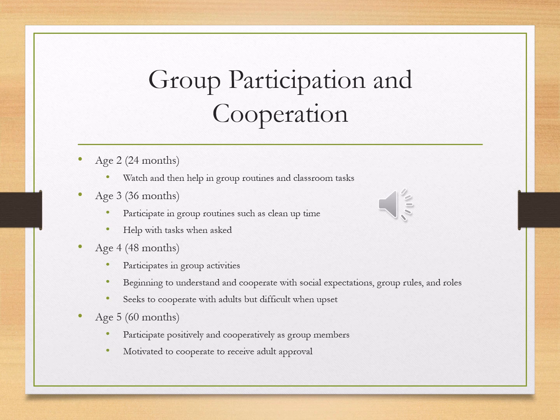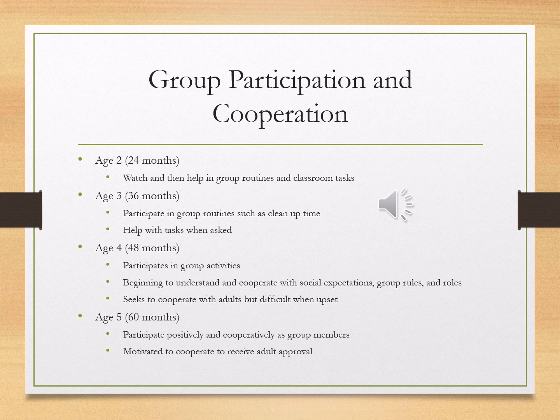They should start to understand that there are social expectations and rules that go along with being in a group. So when an adult is sharing a story, that would be time for children to be quieter, that there might be class jobs that need to be done, that when someone else is speaking, it's time for another person to wait. They are generally cooperative with adults.